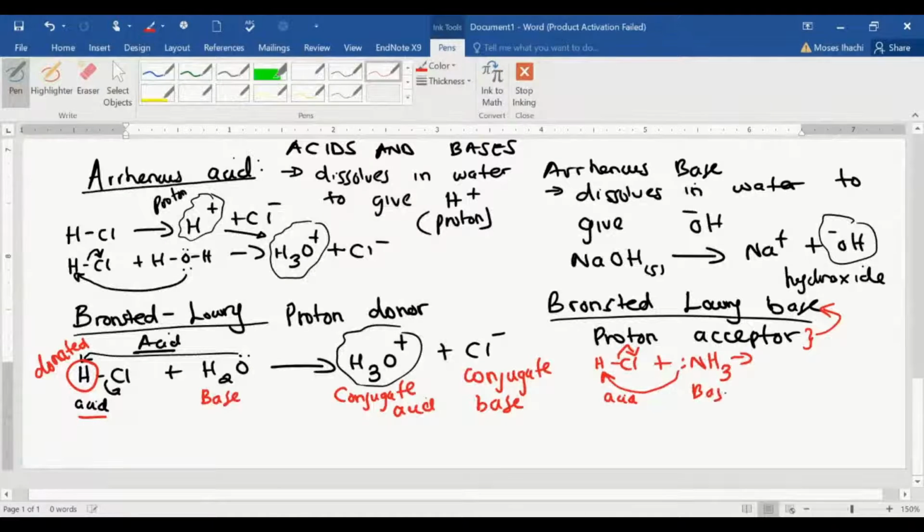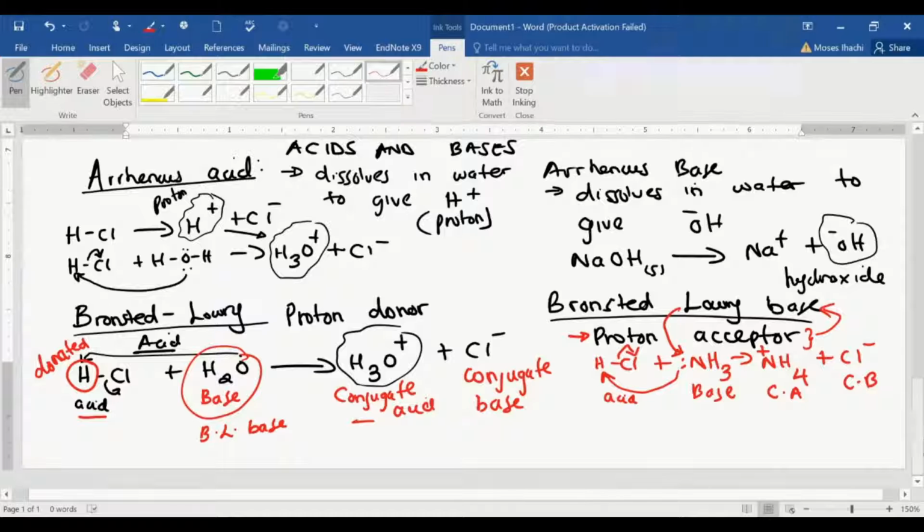This plays the role of the base because it's accepting the proton. It's a Bronsted Lowry base. So NH3 will change to NH4 with a plus formal charge and Cl minus. So again, this will be the conjugate acid and this will be the conjugate base. So ammonia is an example. Even this water right here is a Bronsted Lowry base because it's accepting a proton. Proton acceptors are Bronsted Lowry bases.